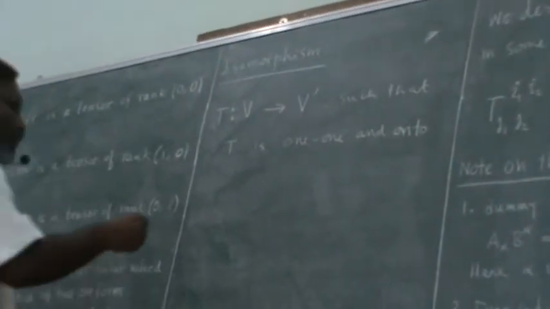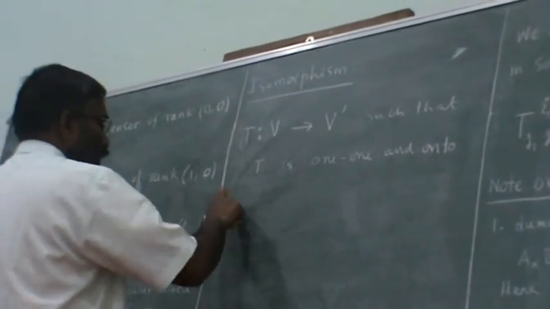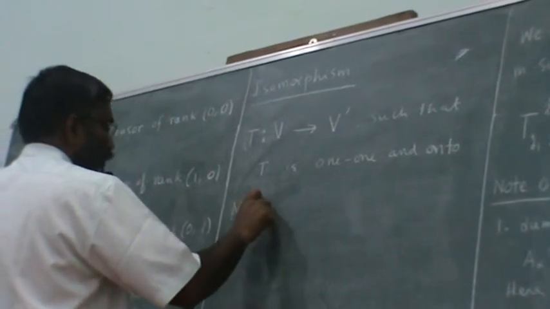Okay, so there is an important tensor that I will define now. This is called the metric tensor.